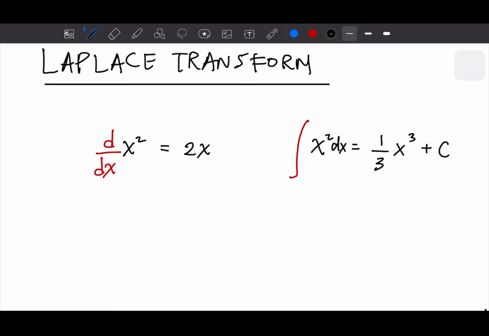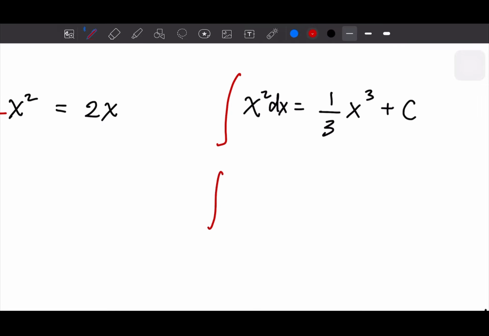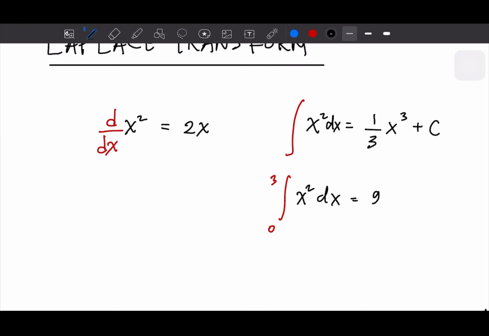And if we take some numbers, let's say from 0 to 3, of x squared dx, we can plug in the 3 and we have 27 over 3. It's 9.